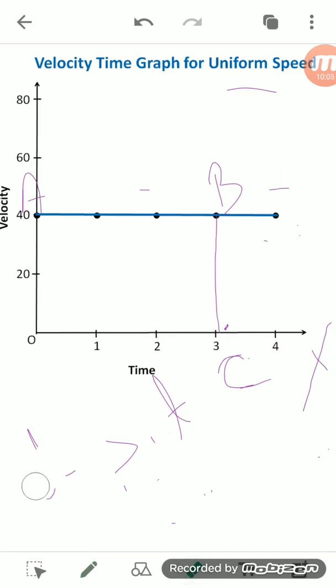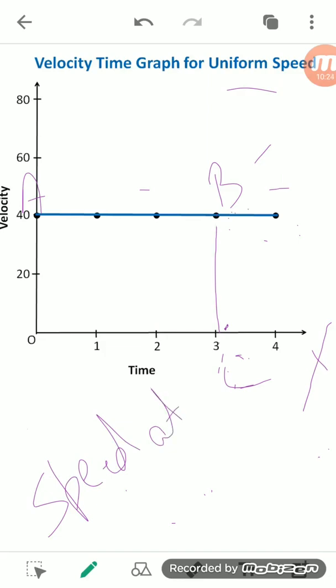What we can do is draw a perpendicular. When we draw a perpendicular here, we name it B. So this perpendicular is CB. Now, the speed at C will be CB, and this CB is also equal to OA.